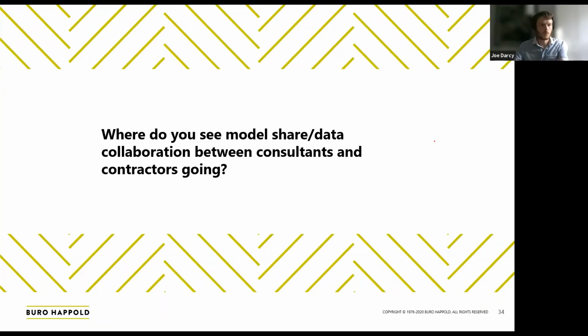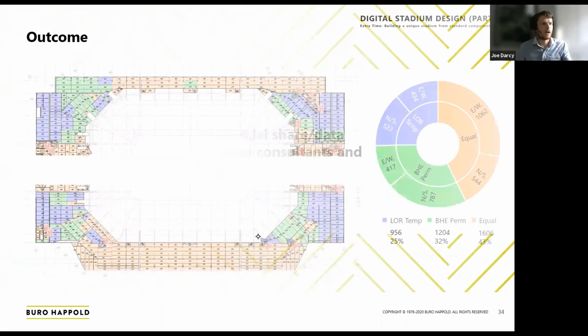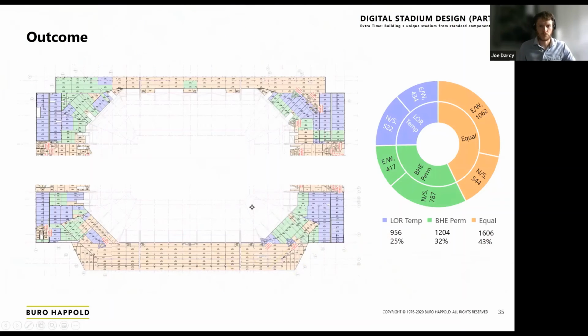Okay, thanks. And then I suppose, moving towards a finish, one of the outcomes I found from us having created these objects and embedding the data in them, from the design intent and also the temporary works requirements, was being able to get an understanding of where the design is governed.